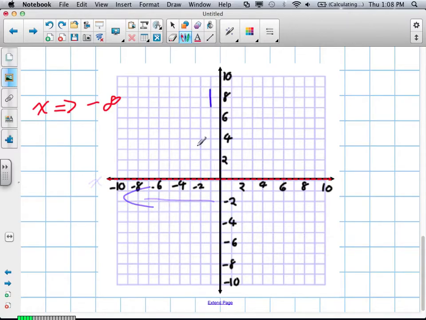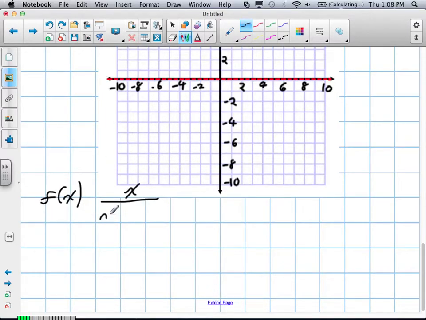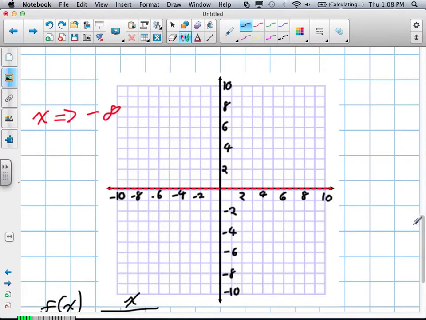We're trying to figure out if it's coming from the top or coming from the bottom when it tends towards this. What we're going to do to figure this out is take our original equation, f of x. We'll rewrite that again. Our f of x was x divided by x squared plus 1. As we head towards negative infinity, we're going to put in an extremely negative value, a large negative value for our x's.